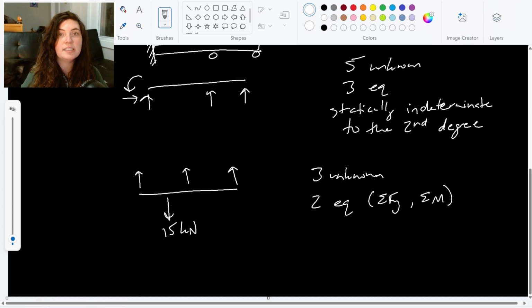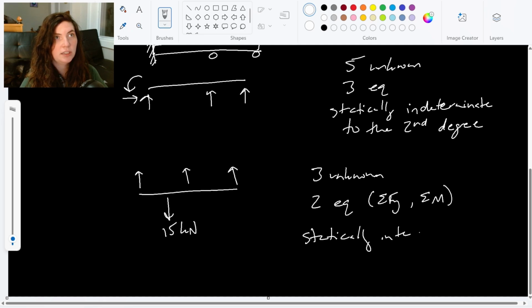So here, this is still statically indeterminate, right? We'll notice that we have 3 unknowns and 2 equations, so the difference there is just 1. Statically indeterminate to the first degree.